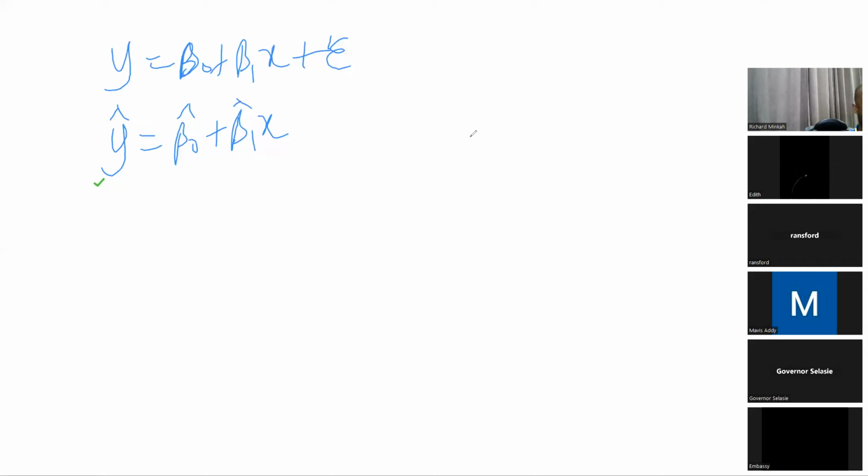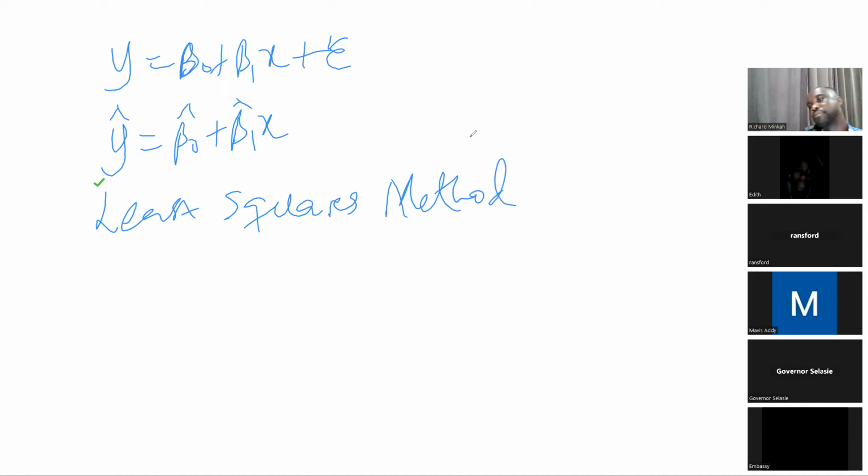Now, how do we do so? We said we use the least squares method. What is the least squares principle? It is that we want to minimize the error between our y, the original one, and this y cap, right?